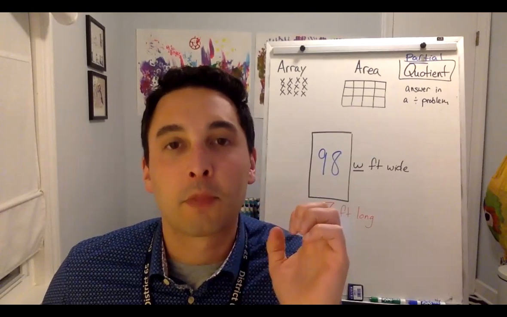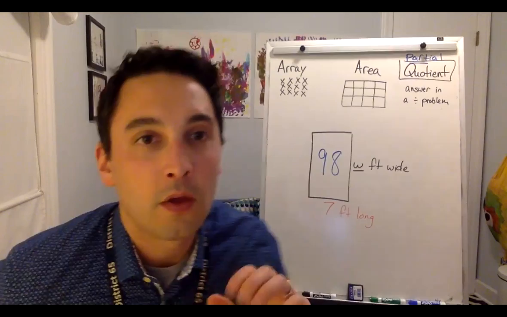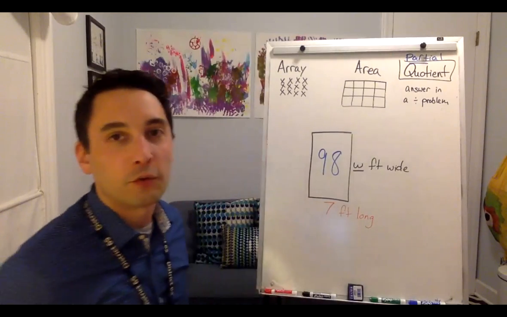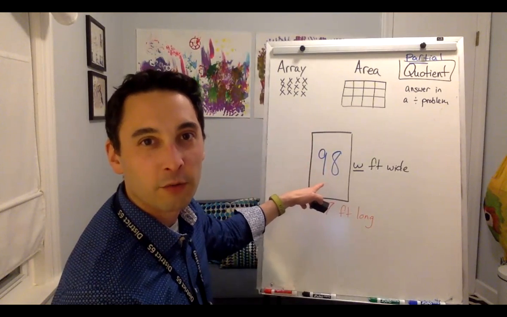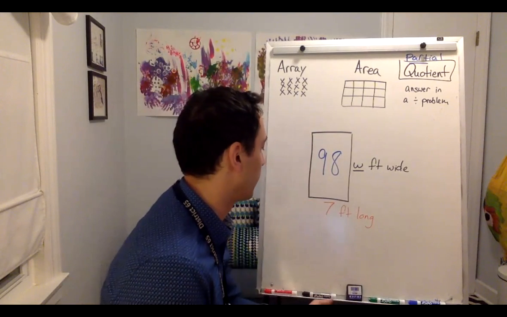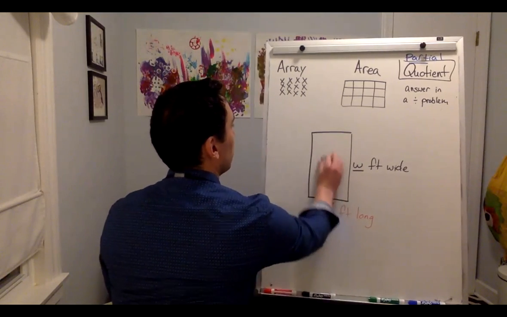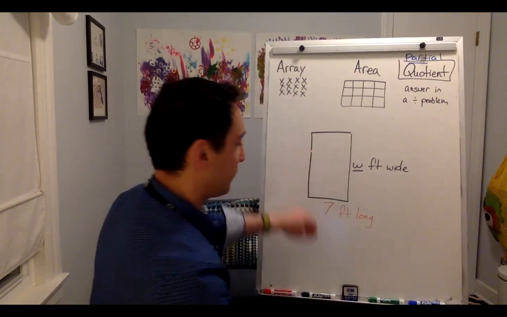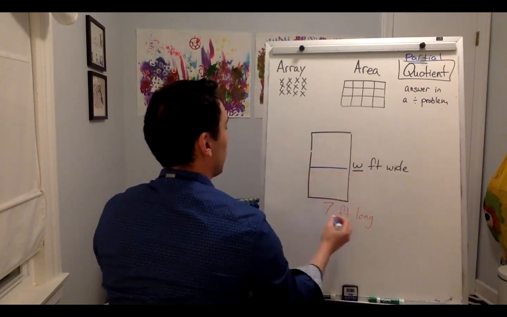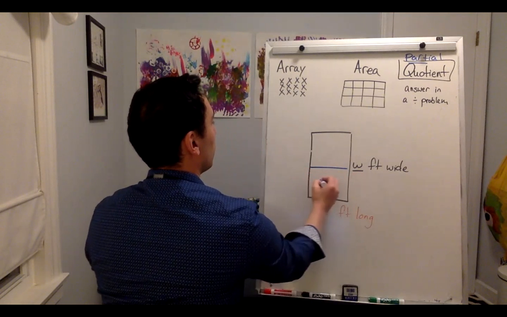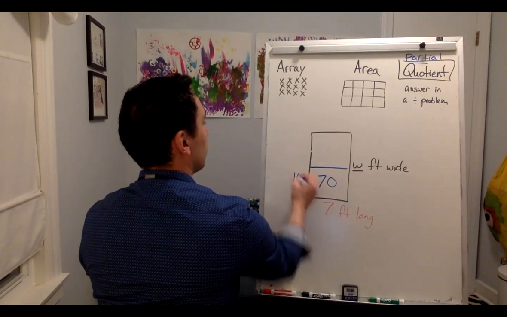So that was a lot. I'm not expecting you to master this right now. I'm just expecting you to try. What I'm expecting you to do is when you're working on your own, maybe on some paper or something you can write on, draw a rectangle like this and start to divide it up. 7, I know 70 would be quick, so that would be 10.